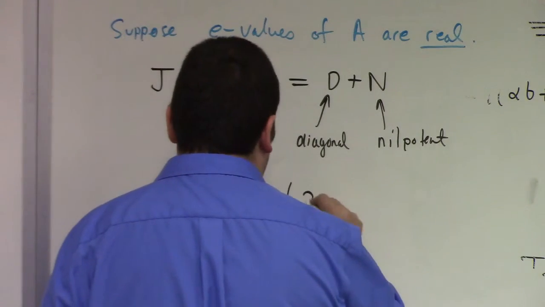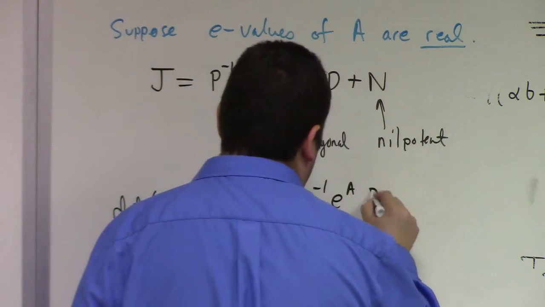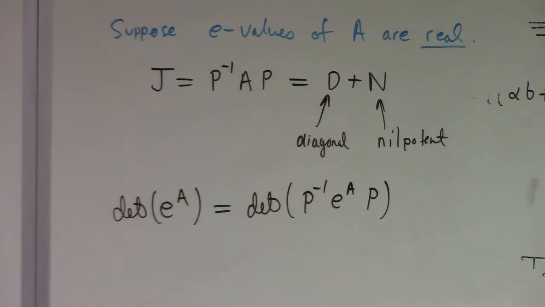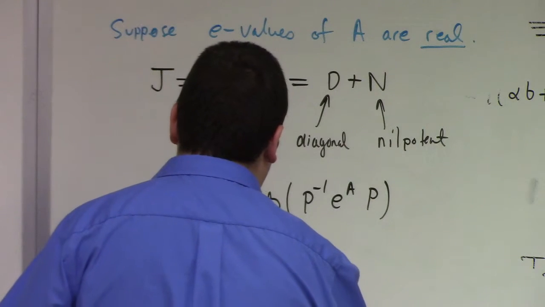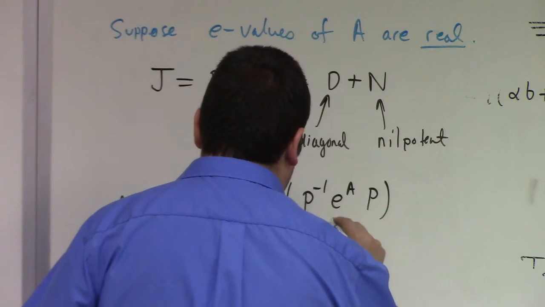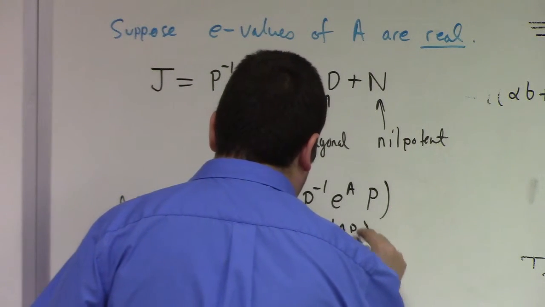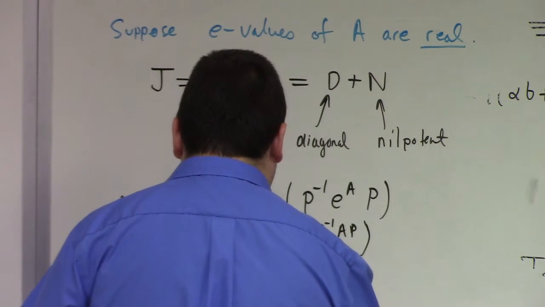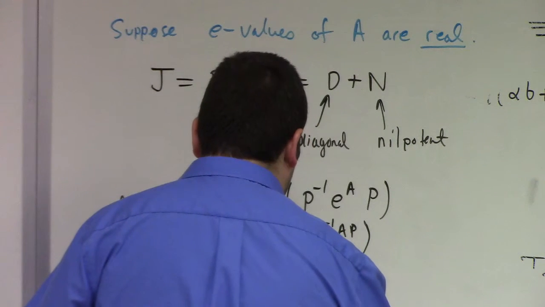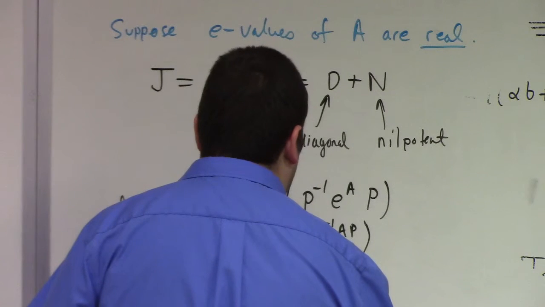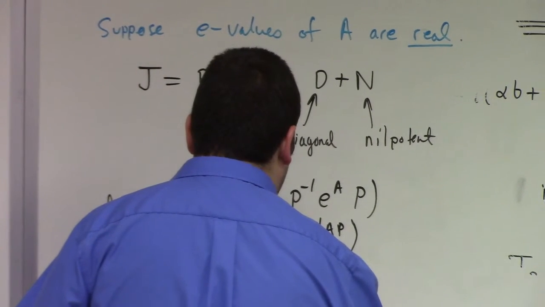This is the determinant of P inverse e to the A P. But then I can bring the similarity transformation inside the exponential, which gives e to the J, and that's D plus N.